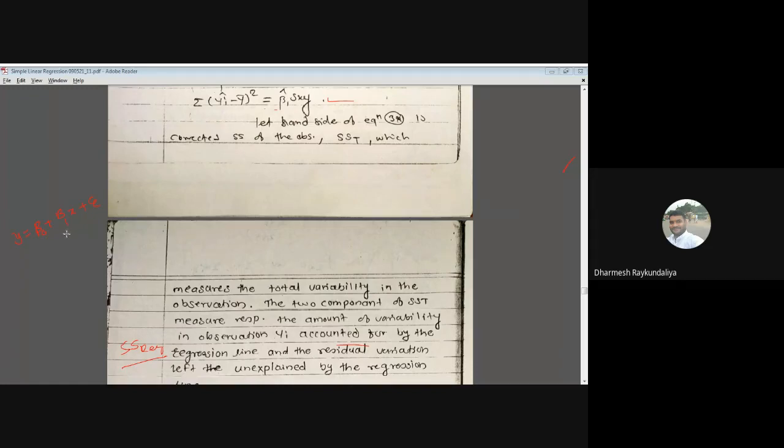What happens? Whatever value of x you are taking, it has no impact on y. That means regression model banega hi nahi. And therefore, to test whether the regression model is really needed or not, we will go for the testing of this hypothesis. At least one of them is not 0.